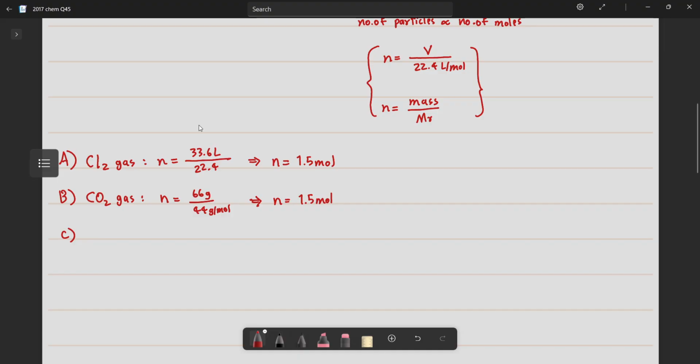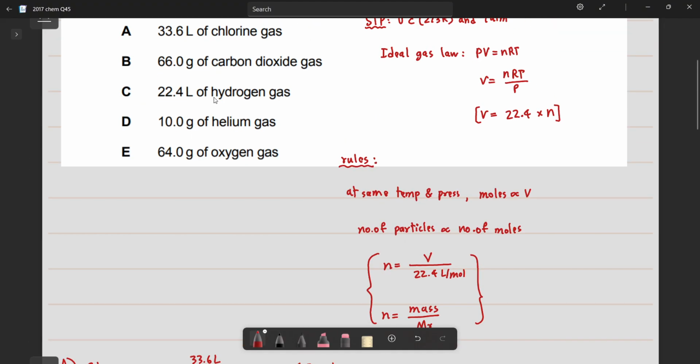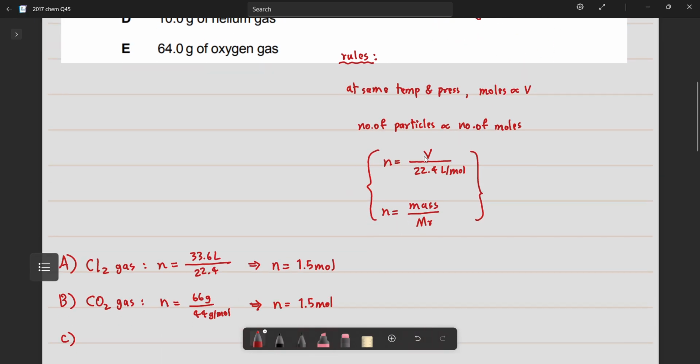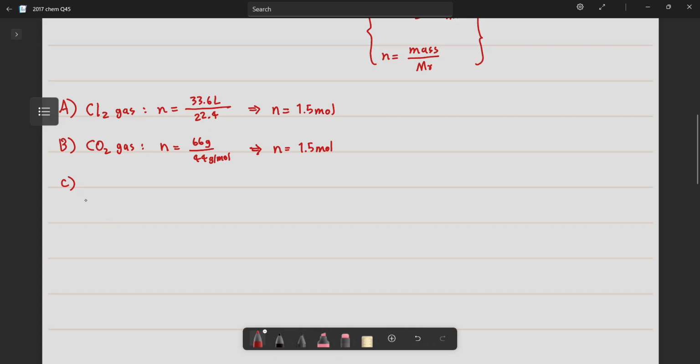For option C, it is hydrogen gas, 22.4 liters. We use volume divided by 22.4: 22.4 liters divided by 22.4 liters per mole gives 1 mole. This is smaller, so we are going to ignore this as well.